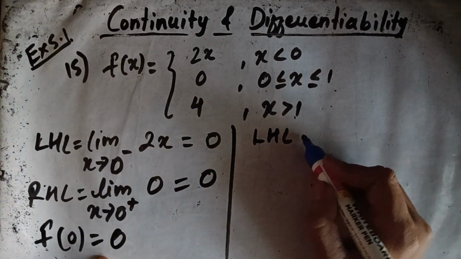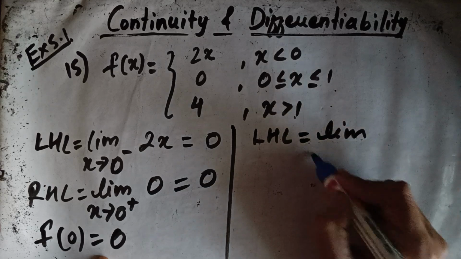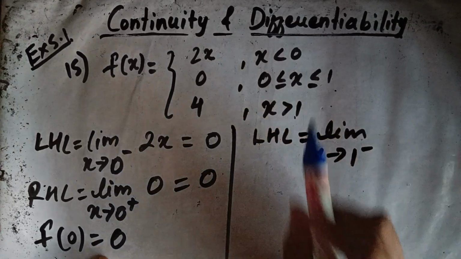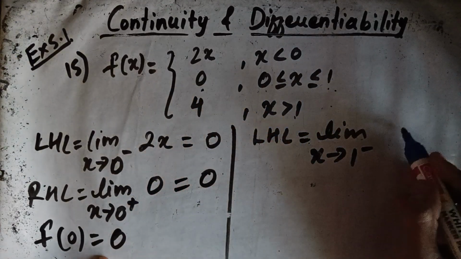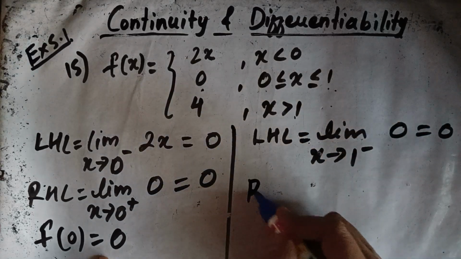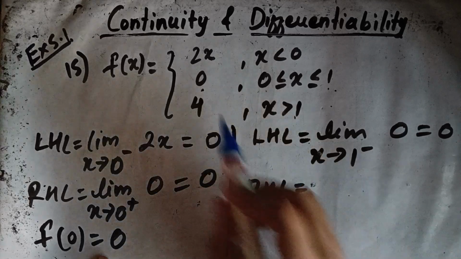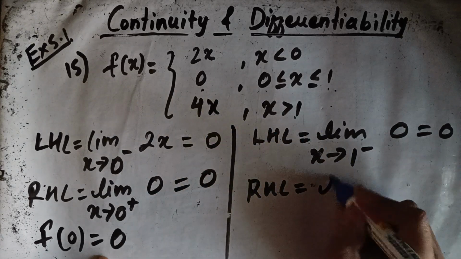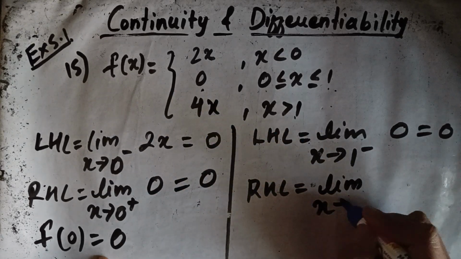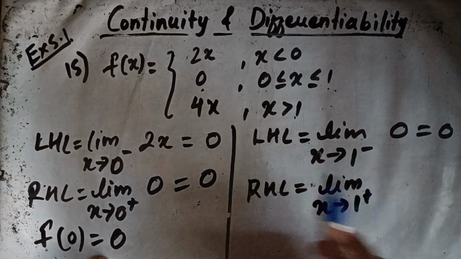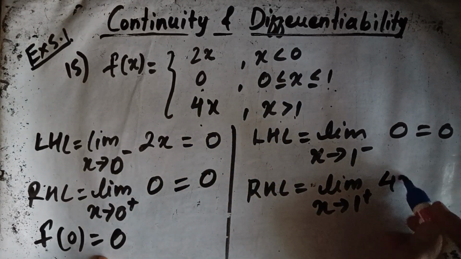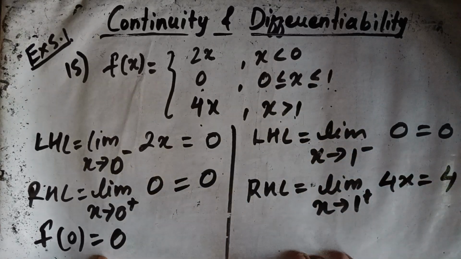For x equal to 1, LHL as x tends to 1 minus, you have to take this function, 0. RHL, this is 4x, as x tends to 1 plus, it is 4x. So 4 into 1, 4.